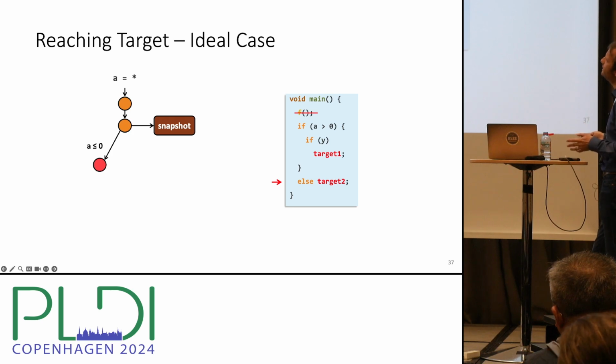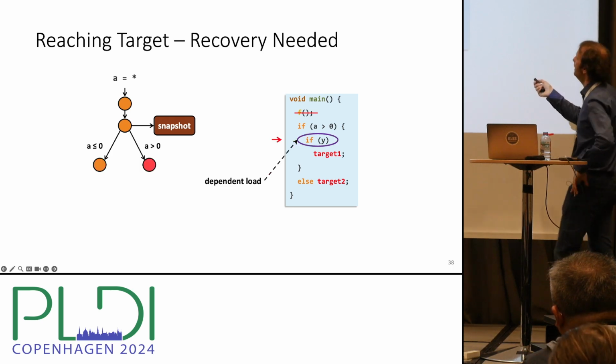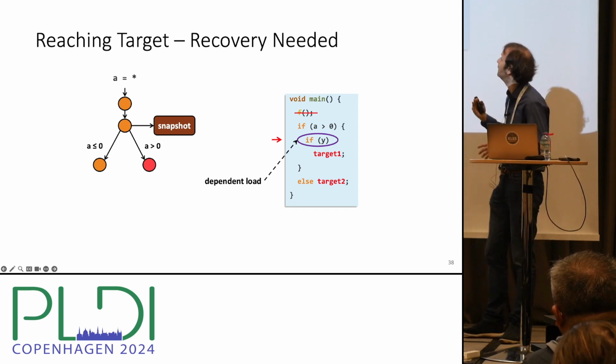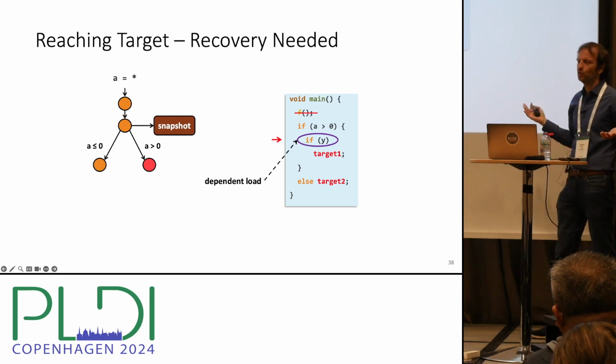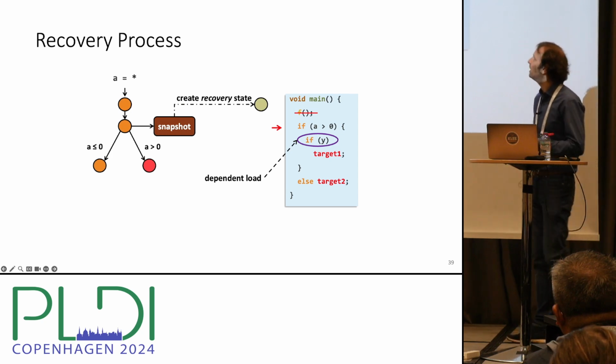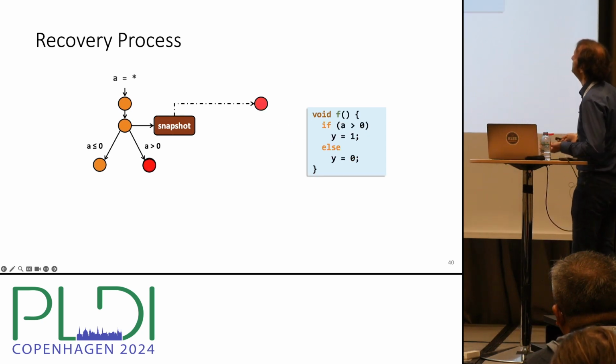Now, things are not always as rosy. On the other side, I'm going to reach this dependent load. Now I'm asking, is Y non-zero? Well, I don't know, because Y could have been written by F. So now I actually do need to go back to F and see what has happened.